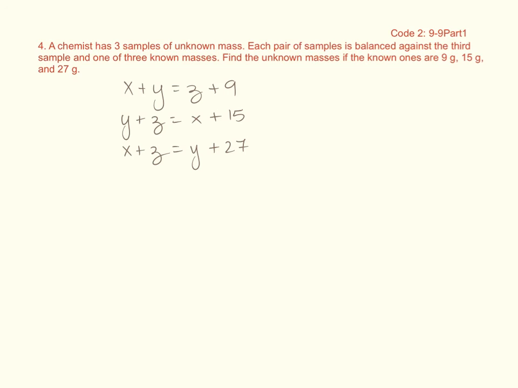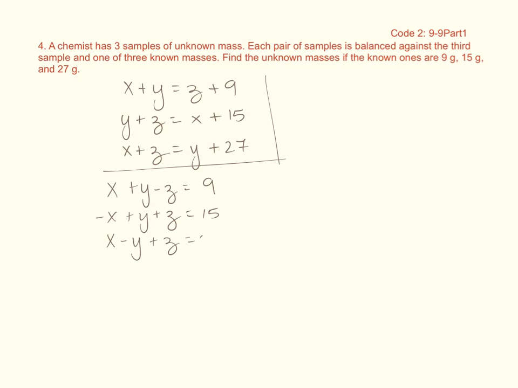And so before we start solving, we're going to get all of the variables on the left and keep the numbers on the right. So this becomes X plus Y minus Z is equal to 9. Negative X plus Y plus Z is equal to 15. And X minus Y plus Z is equal to 27.